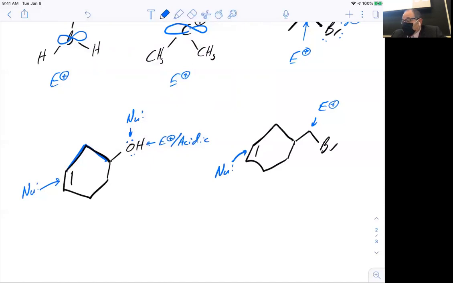So the way to think about this is that the nucleophile needs a stronger electrophile to react with, and the electrophile needs a stronger nucleophile to react with. So we have a mild electrophile and a mild nucleophile. They don't react. Some molecules may have strong and strong. In that case, we end up with a polymer. The molecules just react together. So you can have a nucleophile and electrophile within the same molecule that don't react with each other.